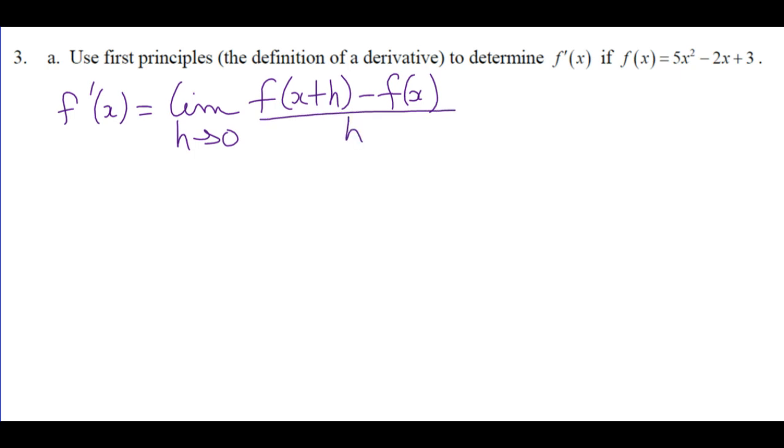Right, so we think back and we say, this is called first principles, right? Definition of the derivative. f prime is the limit as h approaches 0 of f of x plus h minus f of x over h. Okay, so we plug in, we have an f of x. So it's the limit as h approaches 0.